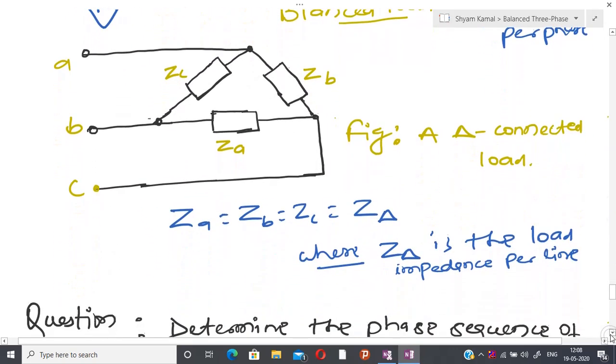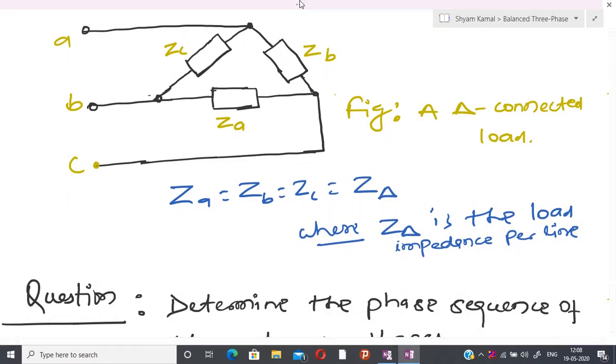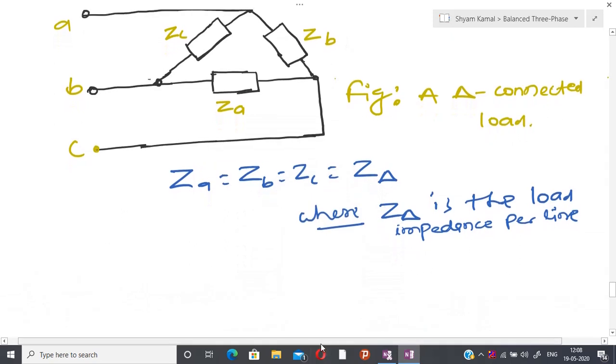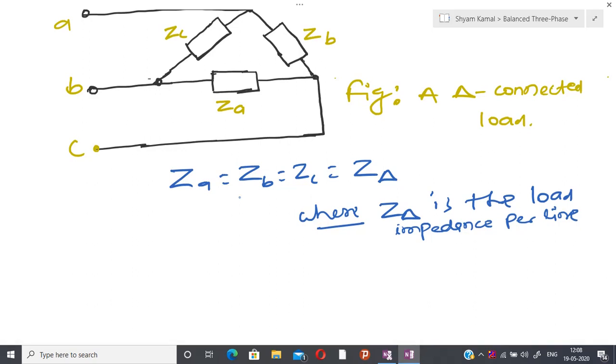You can check how, if I have resistors, I convert Y connection to delta connection, because here you can interpret impedance as somehow some kind of resistance only, but here a complex quantity is also involved.